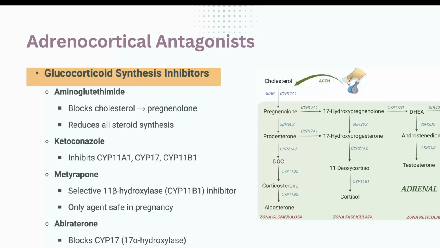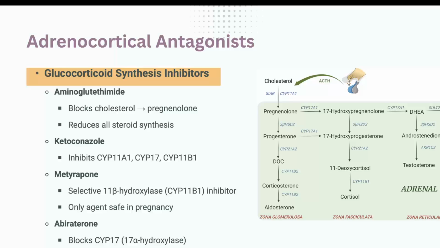For example, we have aminoglutethimide, responsible for inhibiting this step. So what is the name of this step? Who knows? It is the rate limiting step. It is the essential step that is responsible for biosynthesis of all adrenocorticosteroids: the aldosterone, the cortisol, the testosterone.